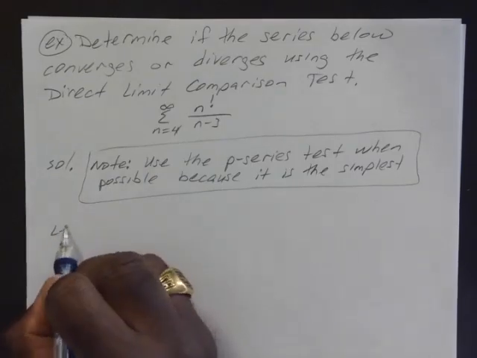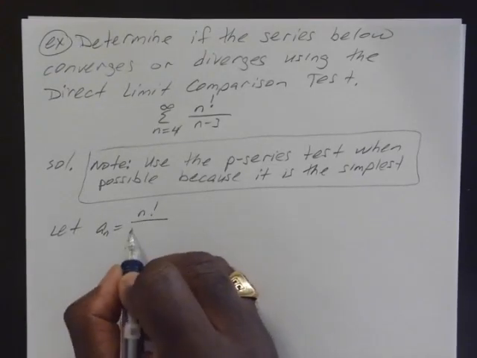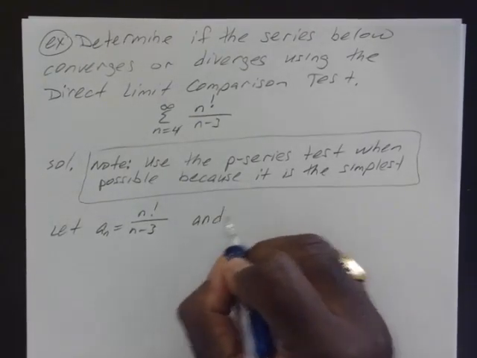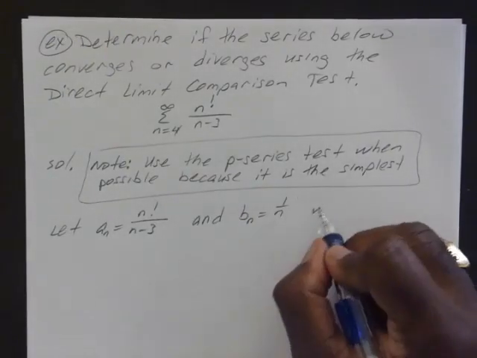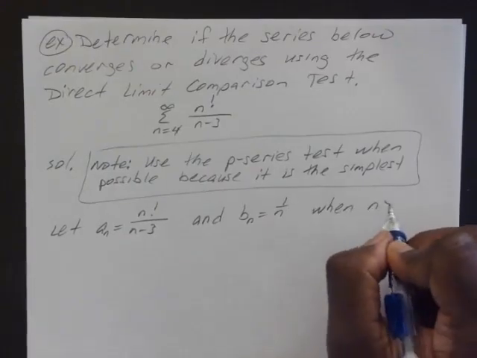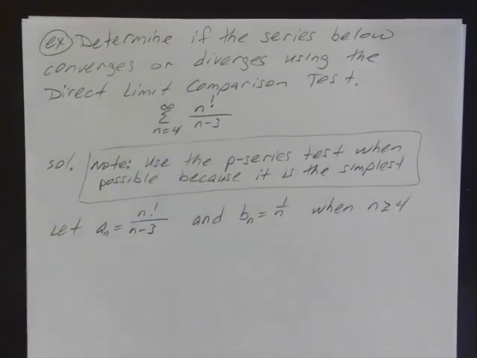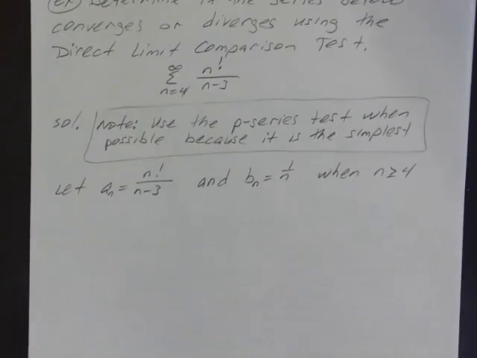Okay, so what if we let a sub n equal n factorial divided by n minus 3, and b sub n equal 1 over n, when n is greater than or equal to 4, since that's our domain. So if you want to just double check, you'd always plug in values of n being greater than or equal to 4.